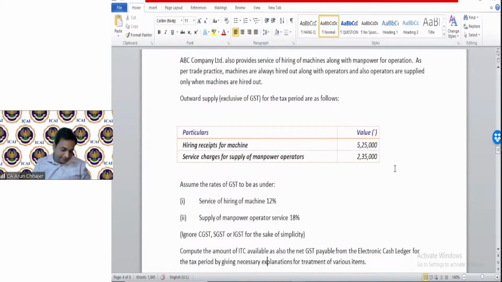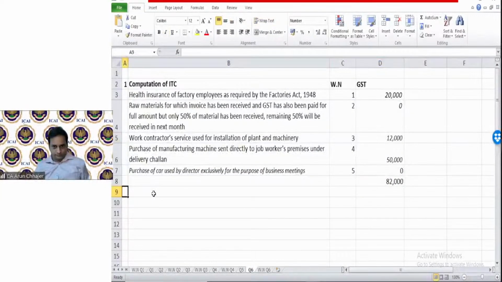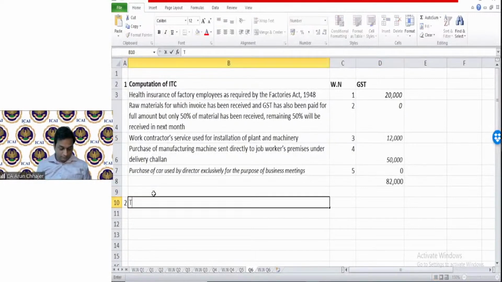We can say now gross tax liability, tax liability on outward supply.